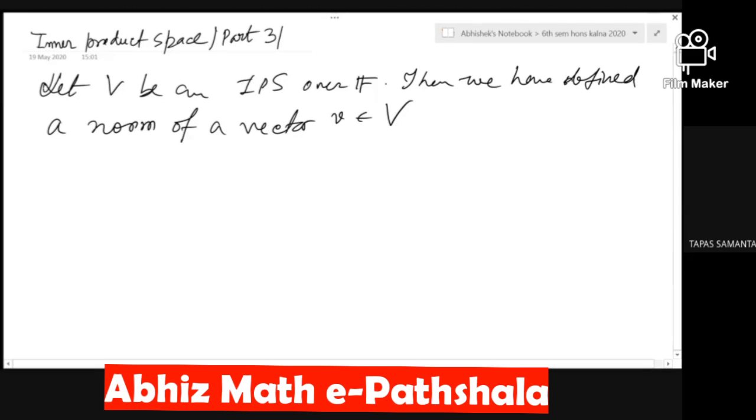For v belongs to V, norm of v is the non-negative square root of the inner product v comma v.